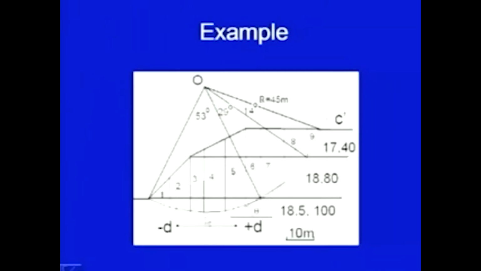And when we take up the moments, you see the distance lever arm is shown here. This is the center of the circle, and you can see these slices 4, 5, 6, 7, 8, 9.